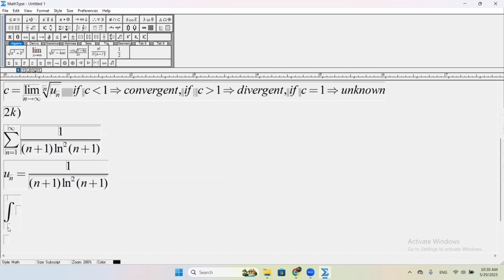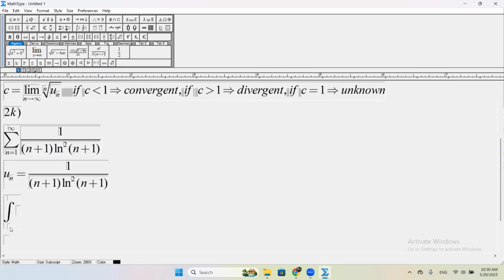We will calculate the integral of these terms, where the integrand will be the nth term.